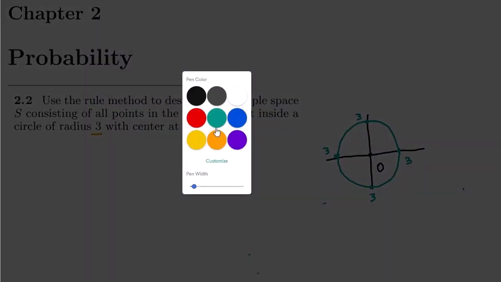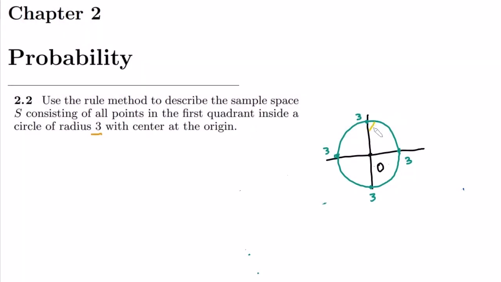So where do I have to concentrate? I have to concentrate on this first quadrant, and here it is very easy to see that if this is the x-axis and this is the y-axis, then this is minus x and this is minus y. So I can see here that both x and y are greater or equal to 0.